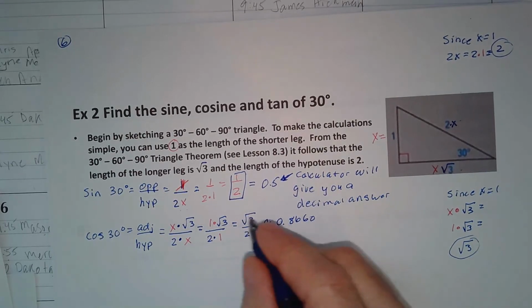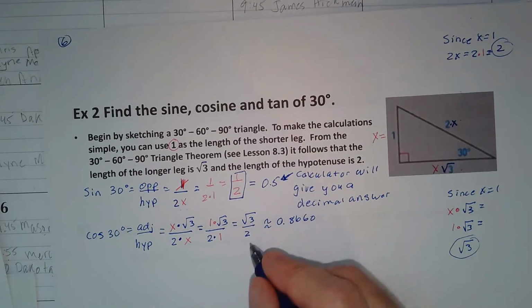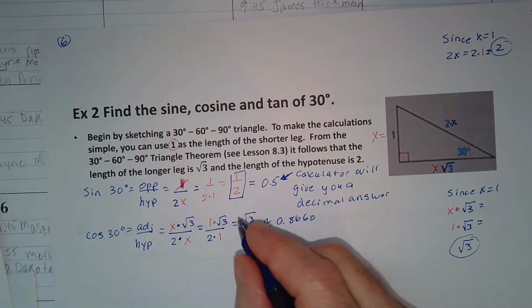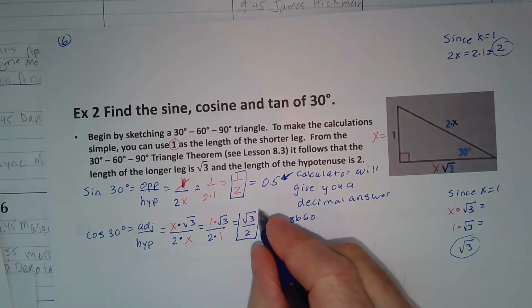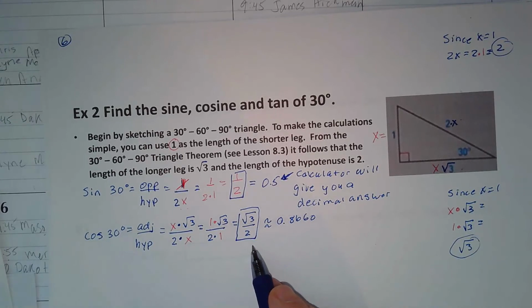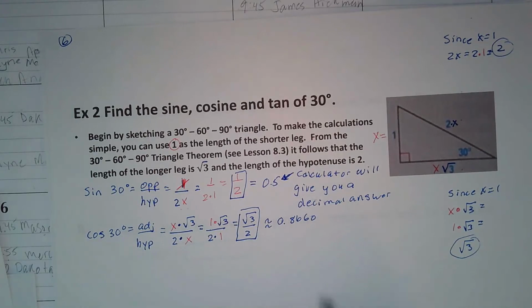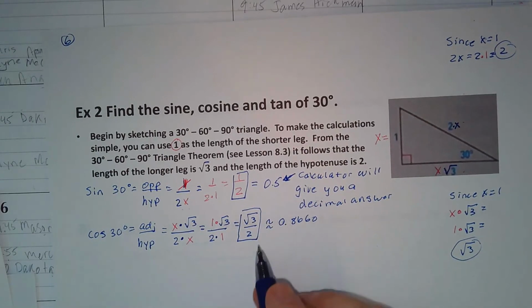If you just took the square root of 3 divided by 2 into your calculator, that is what you would get. This is the fractional answer you would want to use in IXL. You'll notice the denominator here is not a radical, so you don't have to go through rationalization. This is already a good answer.